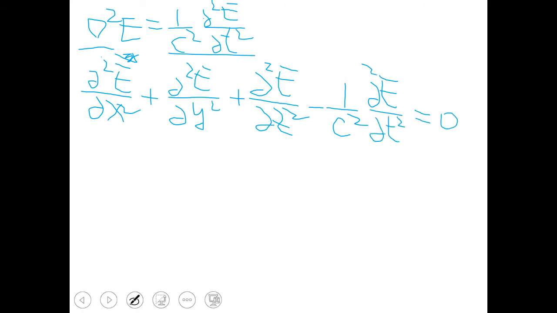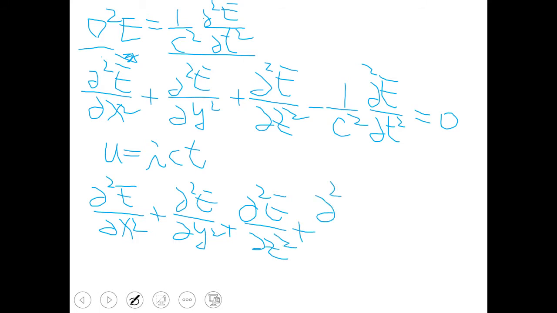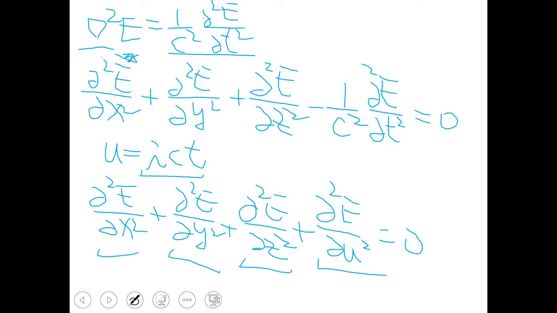If we just set u equals to ict, then it will look like x, y, z plus u. So you feel that mathematically x, y, z, and u are symmetric, which means that ict should be a space dimension.